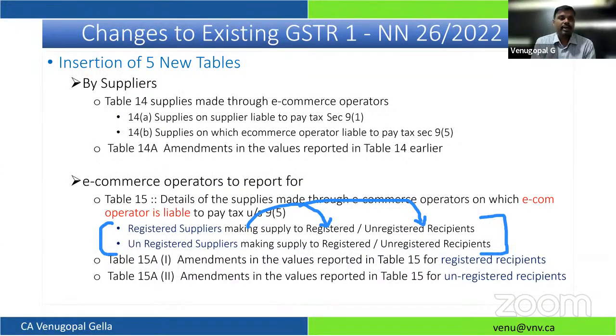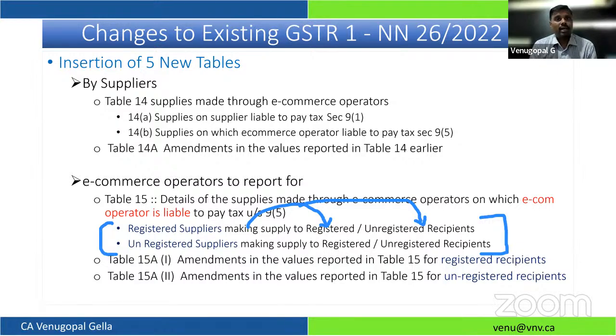the hotels, book my hotel, all these things. If they're doing a hotel booking, an unregistered person is there, so the e-commerce operator has the responsibility to issue the tax invoice and pay the taxes. The hotel is collecting the fees, but the tax towards it is paid by the e-commerce operator.